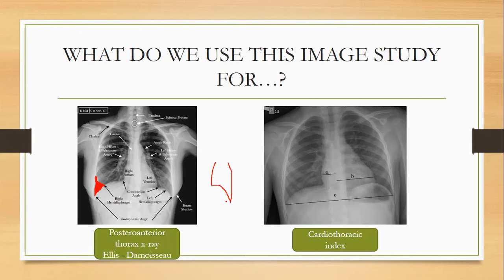This would be the posterior costophrenic angle, okay? And the lateral ones, the right one and the left one, are somewhere near here. So the posterior costophrenic angle is much lower than the lateral ones. So where do you think the fluid is going to go first? To the posterior one, right? Because it's lower than the others.